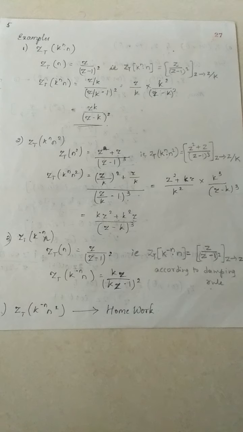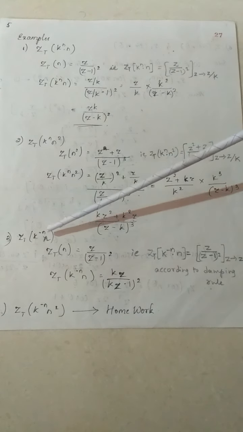Similarly we can find z transform of k to the power minus n into n. K to the power minus n into n, it is using the second damping rule. So z transform of a to the power minus n into un is nothing but u bar of az. So here instead of replacing z by a, we are replacing z by az.